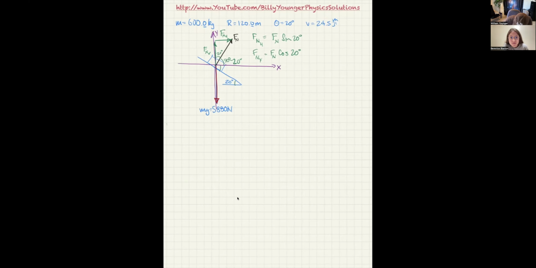Now we also need an acceleration in the horizontal direction, like this. And that acceleration, a, must have a magnitude equal to v squared over r, which is 24.5 meters per second squared over 120 meters.